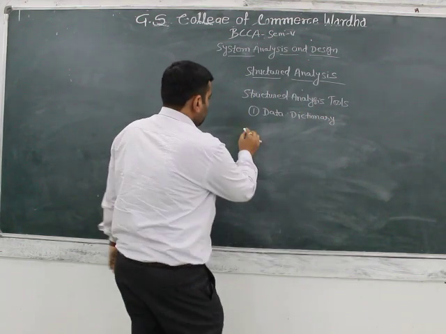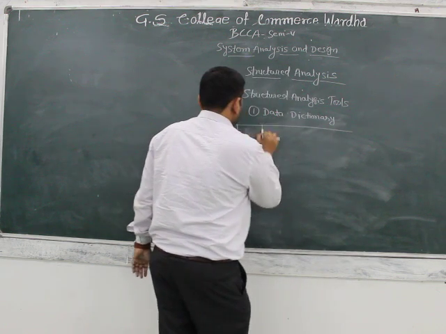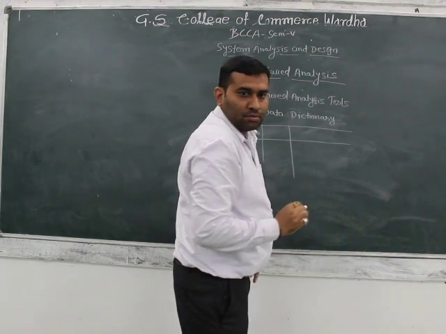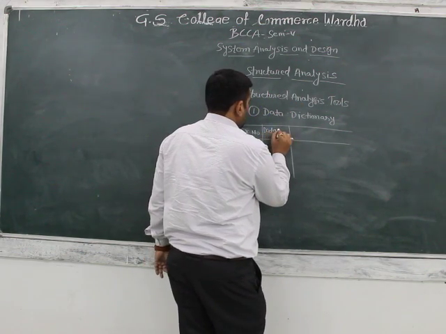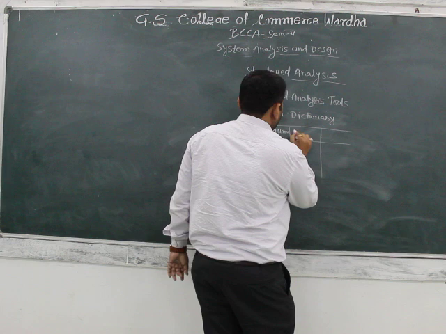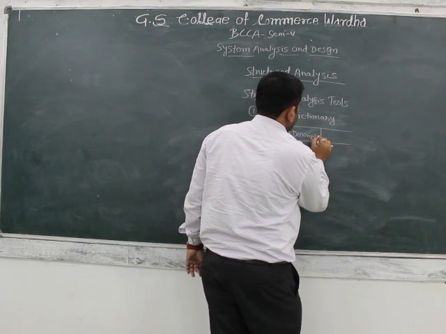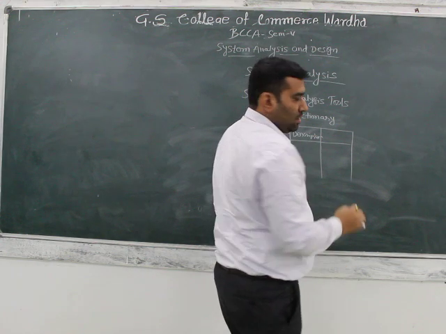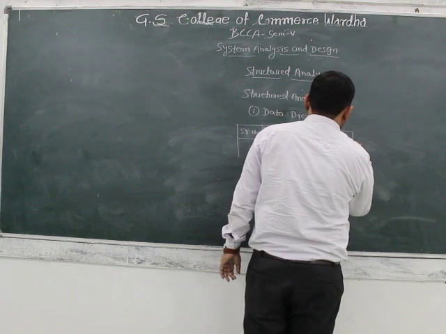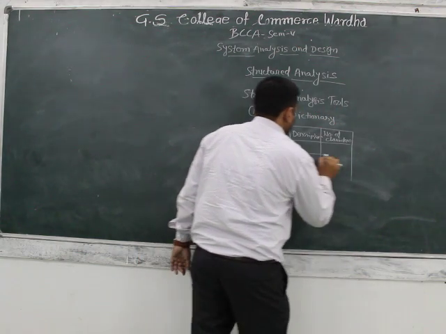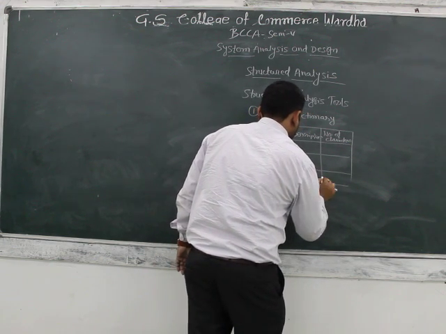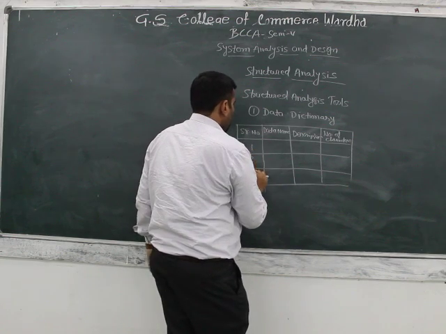Data dictionary. The columns are serial number, data name, description, and number of characters. Serial number 1, 2, 3.